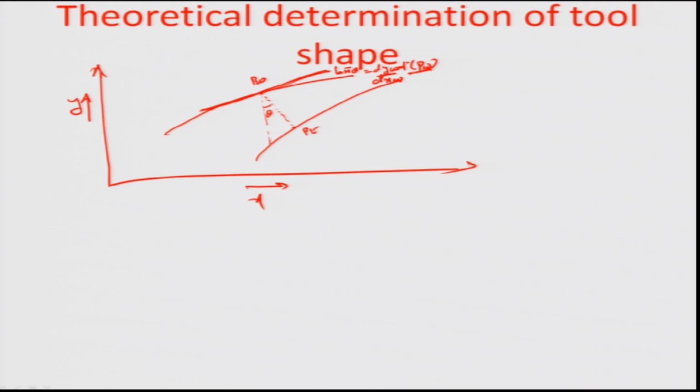So, I can actually try to draw another right angle here, let us say A dash Pw O dash, in which this angle is already theta.